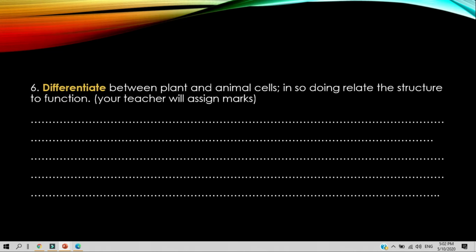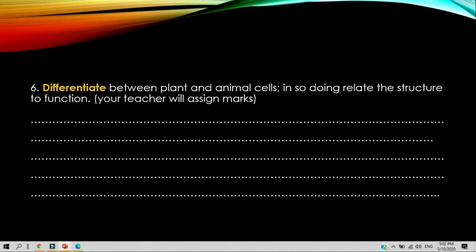You are supposed to differentiate between plant and animal cells. In so doing, relate the structure to function. So we are going to be looking at the differences between a plant and an animal cell. But not just the difference, we want to look at the structural function.